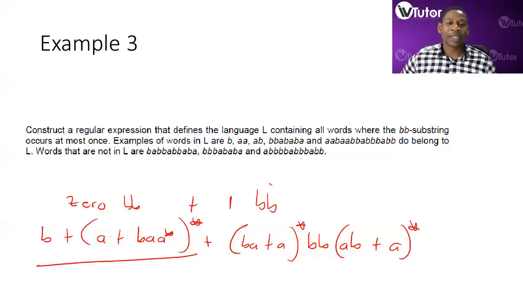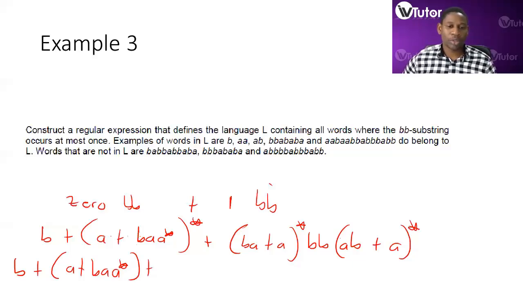So words that are ending with a B. So we would then want to say we can add B or ABA, or we can have A or A clean star B, right?